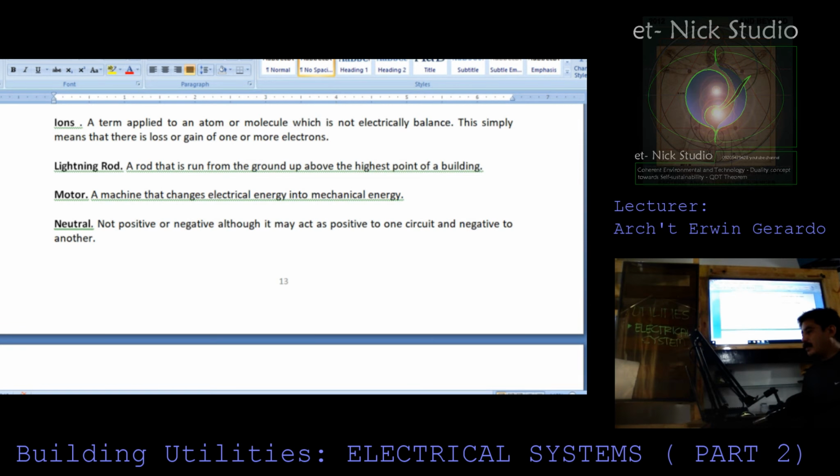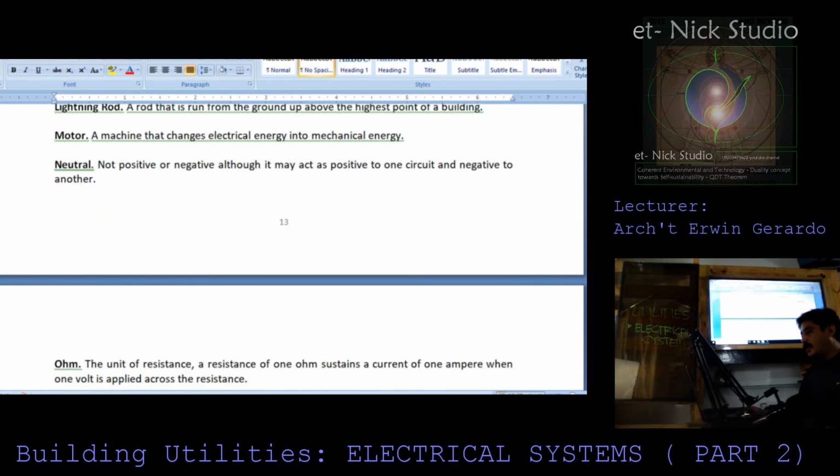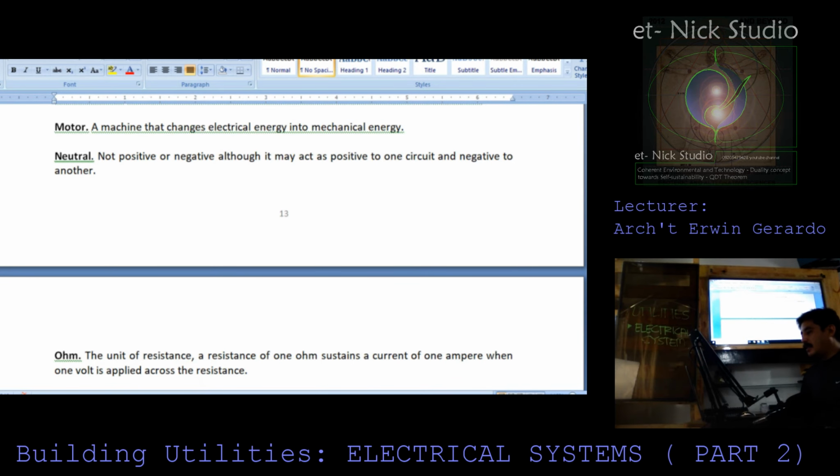This simply means that there is loss or gain of one or more electrons. Lightning rod, a rod that is run from the ground up above the highest point of a building. Motor, a machine that changes electrical energy into mechanical energy.